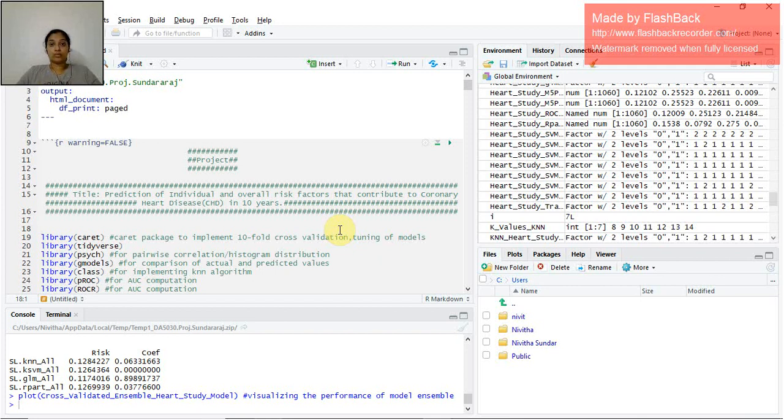Instead of just focusing on a similar set of features, the data comprised three different sets of features. The first one is the demographic factors, which explained the age and gender of the patients.